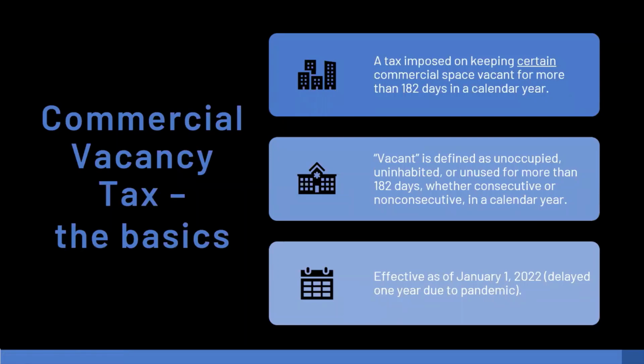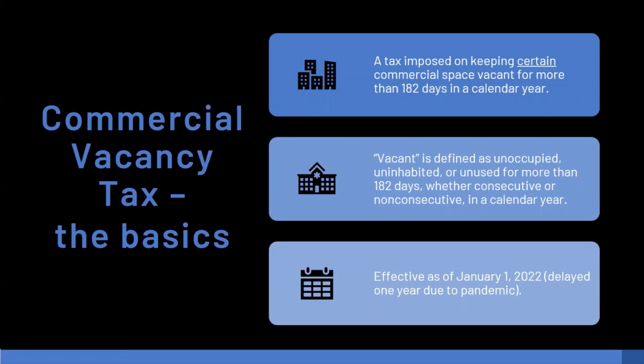What is the commercial vacancy tax? It is a tax on keeping certain commercial space vacant for more than 182 days in a calendar year. I will cover which areas of the city and which types of commercial spaces the tax applies to shortly.